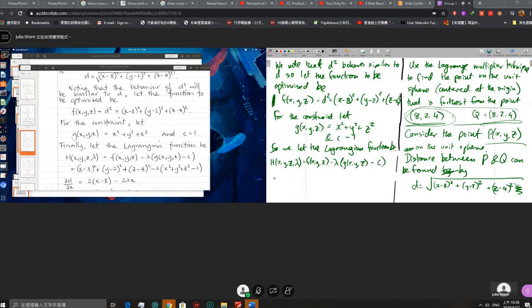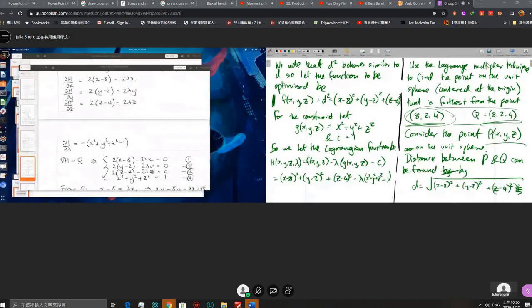And then we just plug everything in. So we're going to get x minus 8 squared plus y minus 2 squared plus z minus 4 squared minus lambda outside x squared plus y squared plus z squared minus 1. So we just subbed everything in. And now we find all our little derivatives and send them all to 0.